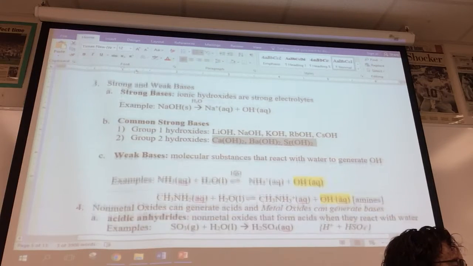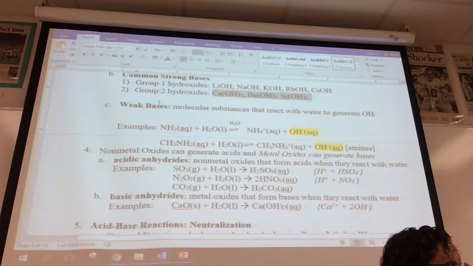Weak bases don't ionize completely. When you react a weak base such as ammonia with water, you get the conjugate acid and you see the hydroxide ion generated. So weak bases react with water and generate hydroxide ions.